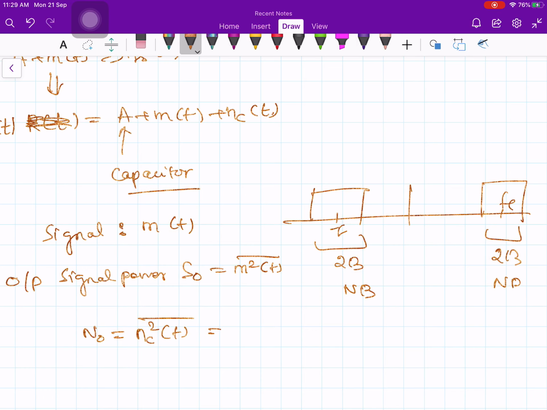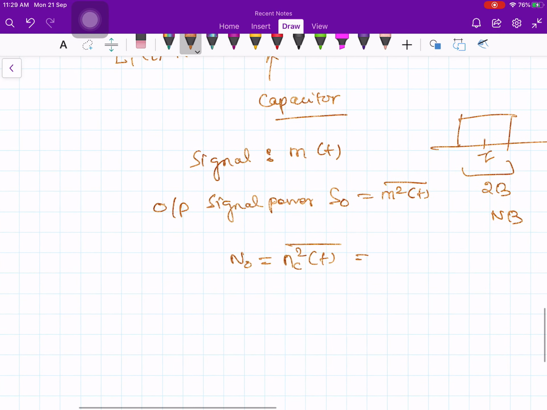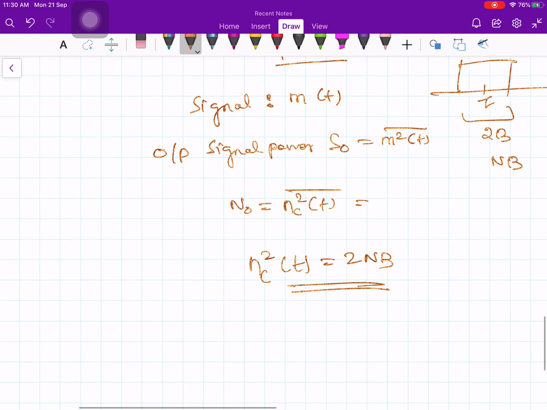Total noise power is 2Nb. So in this case the total noise power is 2Nb. Therefore n_c squared of t is equal to 2Nb. Same picture as before, nothing has changed, things are absolutely the same as before. Therefore S_0 by N_0 is equal to the mean of m squared of t divided by 2Nb.